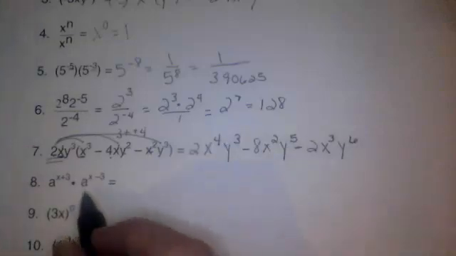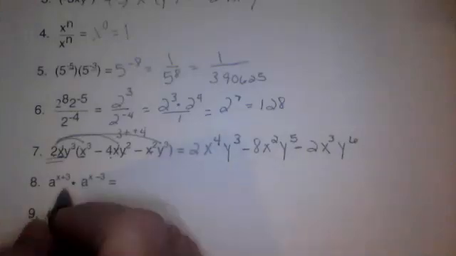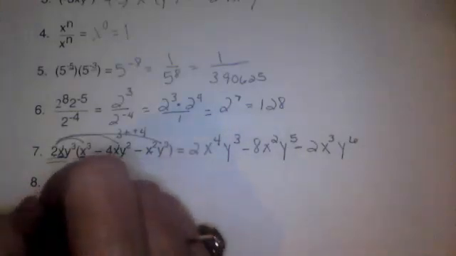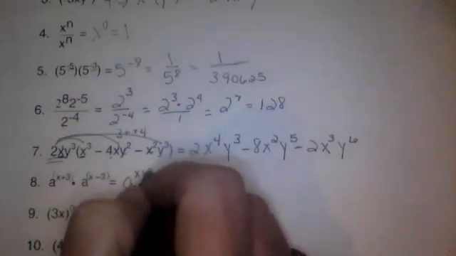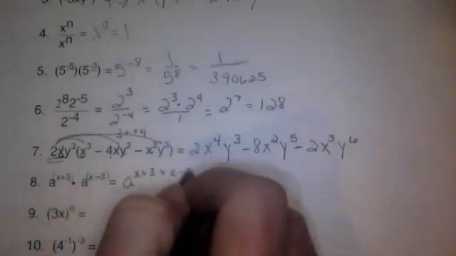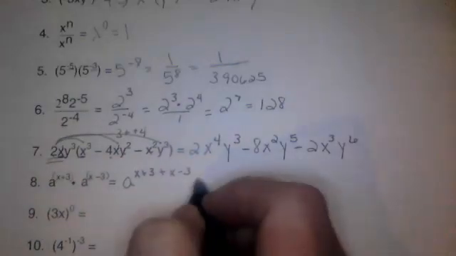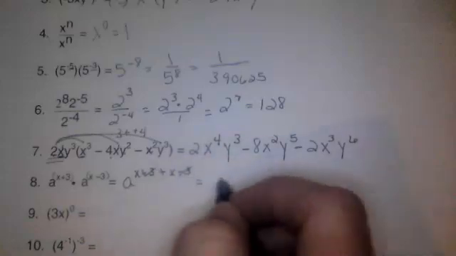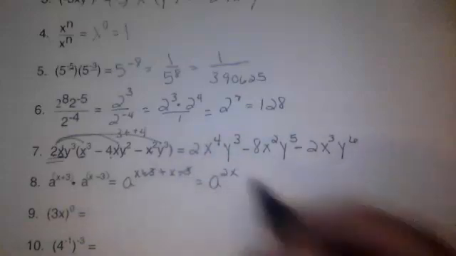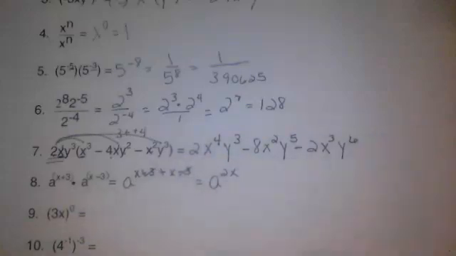All right, so for number 8, we are adding these exponents. So I have a to the x plus 3 plus x minus 3 power. Well, the plus 3 and the minus 3 are gone, so I just get x plus x, which is 2x, a to the 2x power.